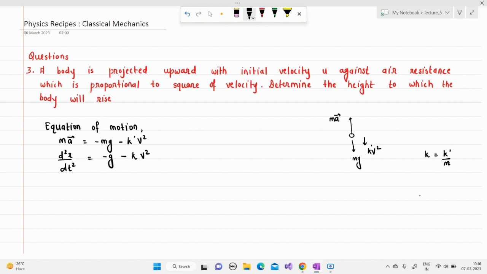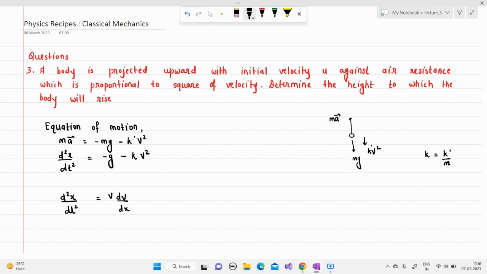Now since there are three variables, if you see this equation of motion, x, t, and v square, we'll have to convert these three variables into two variables. So we can write d square x by dt square equal to v dv by dx.